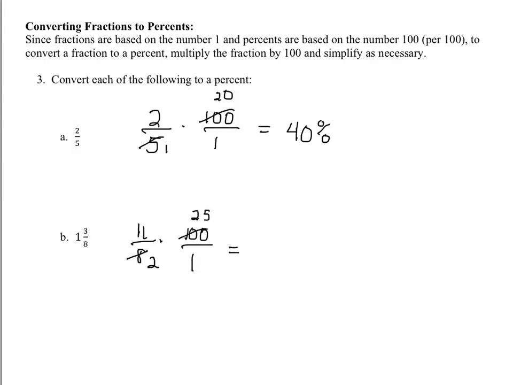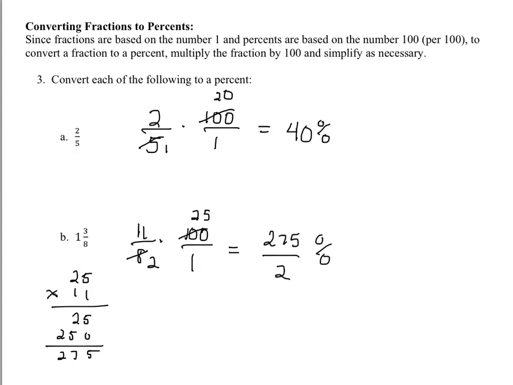I can't cancel anywhere else, so I have to multiply 25 times 11. I'll do that by hand because this whole section is by hand. So it's 25, 25, 275 over 2. Now this is a percent, you guys. It's ugly. It's a total ugly.